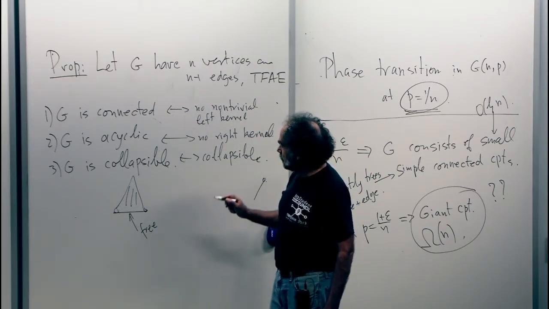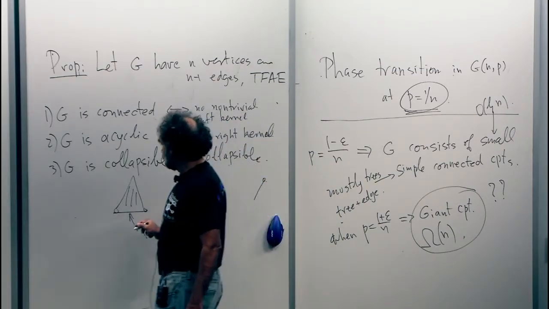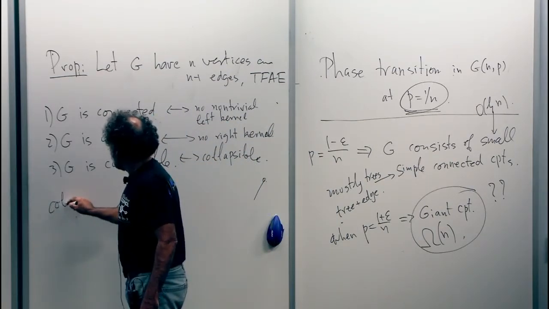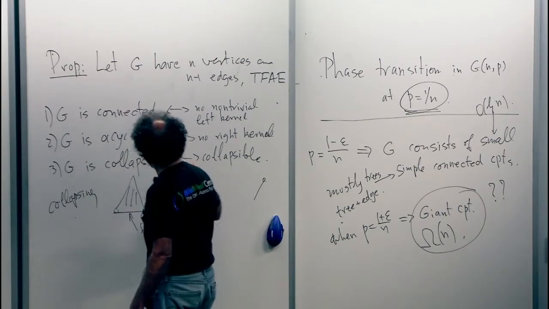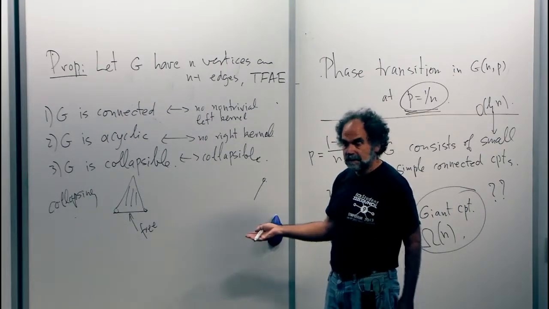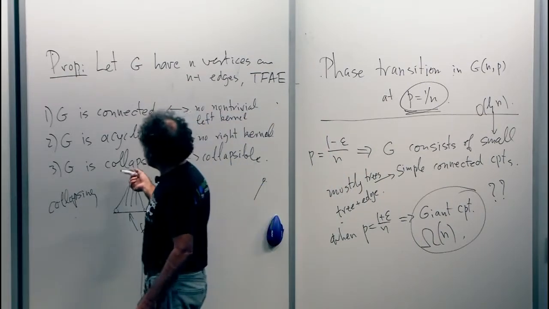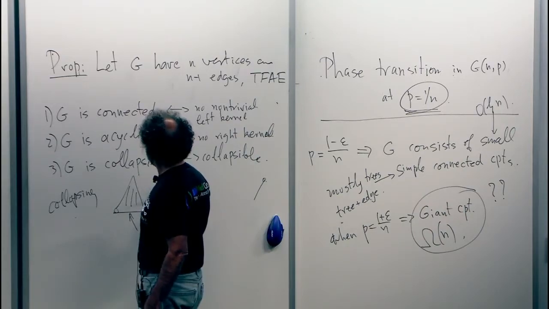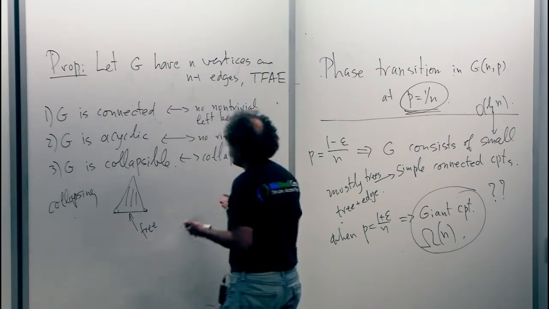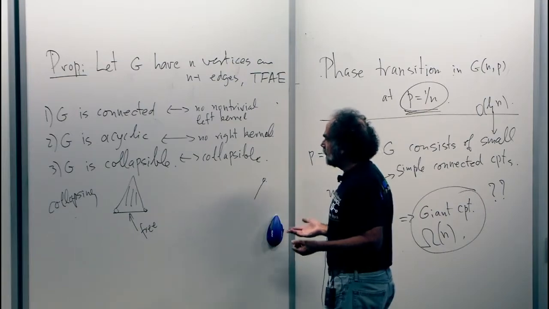Okay. Now, topologists will tell you that collapsing, so collapsible means that when I do this, I eliminate all the faces. So topologists tell you that the topology of a complex doesn't change as a result of collapsing. So you might think that the same thing holds in general.